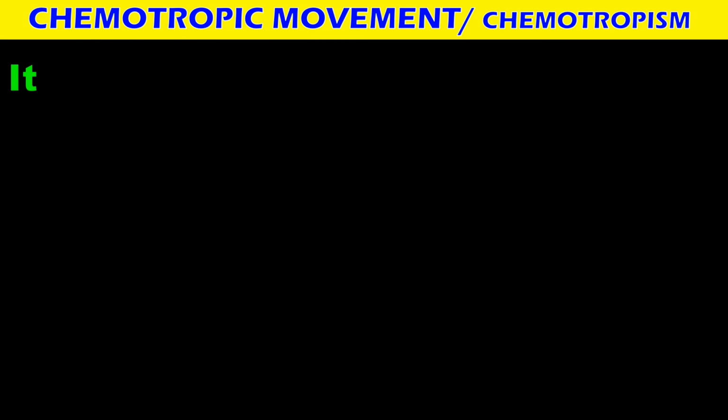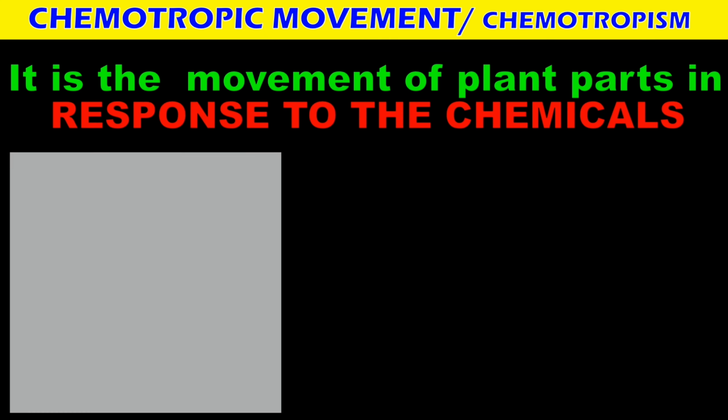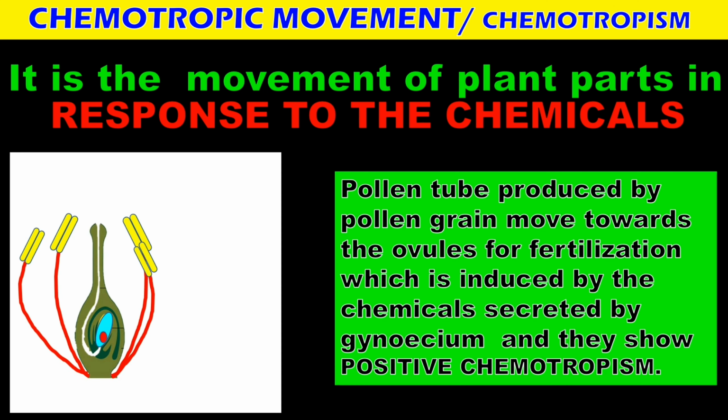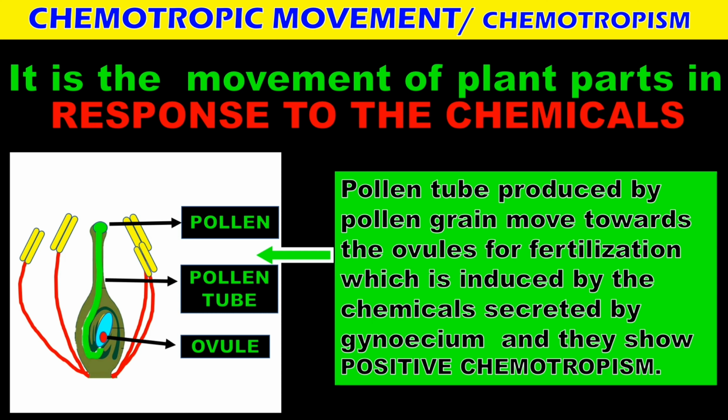Therefore, the chemotropic movement is the movement of plant parts in response to the chemicals. For example, pollen tube produced by the pollen grain moves towards the ovules for fertilization, which is induced by the chemicals which are secreted by gynoecium, and they show positive chemotropism.